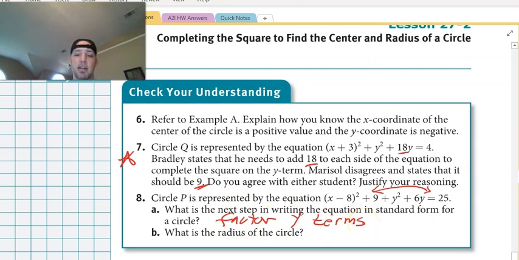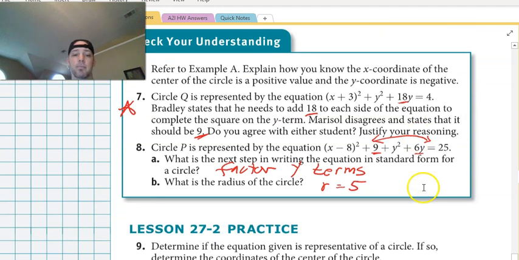And then what is the radius of the circle? We didn't need to add or subtract anything, so the radius will be square root of 25, or r equals 5 on that one. Yeah, because that one's already ready to go. Here, half of 6 is 3, 3 squared is 9, and that's already there for you, so you don't need to do anything else on that one.